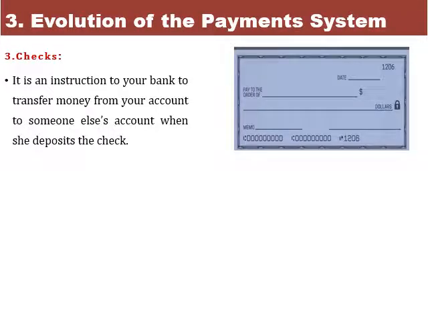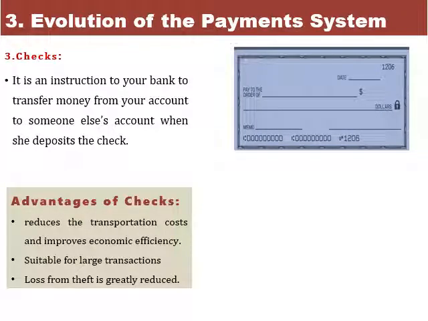So what are the advantages and the limitations of using checks? Let's start with the advantages of using checks. First, using checks reduces the transportation cost associated with the payment system, and this will lead to improving economic efficiency.